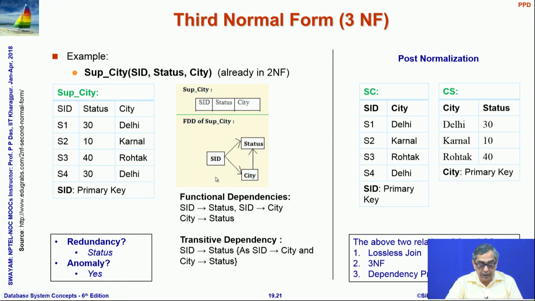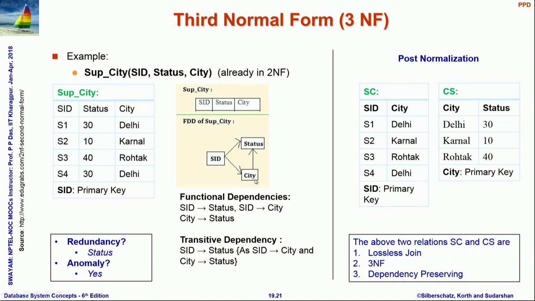For example, here you have SID determining status, SID determining city, city determining status. So, these are the dependencies that we have. Since SID determines city and city determines status, if you go along this path, then by the transitivity axiom you will get SID determines status, but that is also present here.